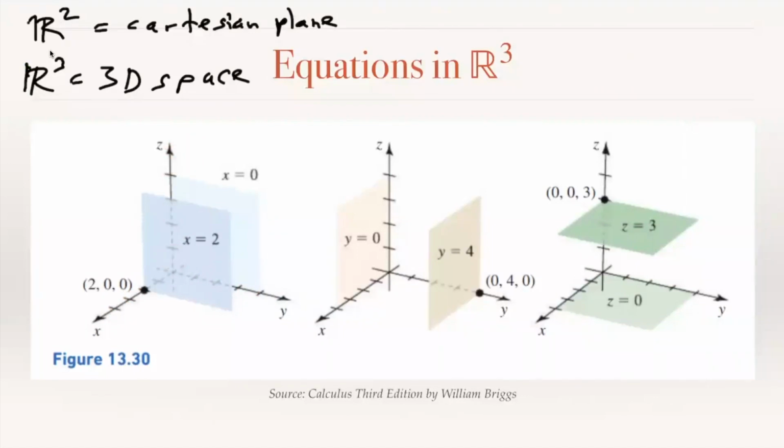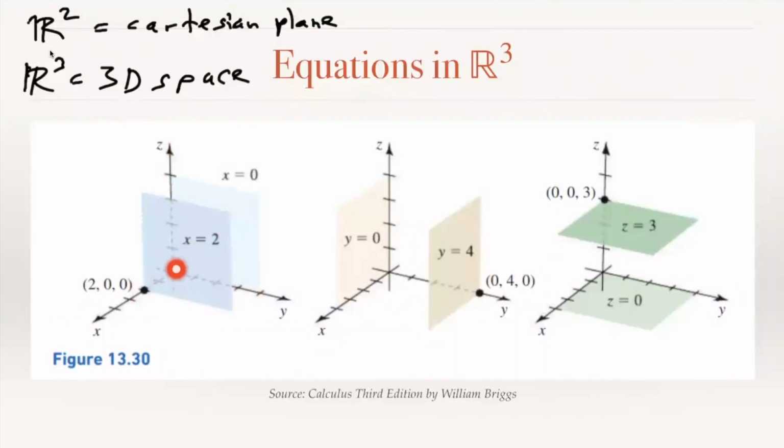So the equation x equals 2 means the set of all points with x coordinate 2. In 2 dimensions, that's a line, as you know, and in 3 dimensions, well, it's a plane, because every point on this plane has, as you can see, x coordinate 2. It doesn't matter what y or z is, so long as the x coordinate is 2.